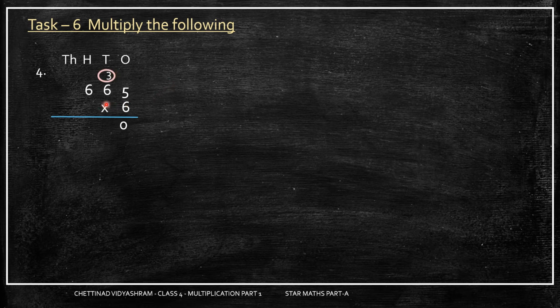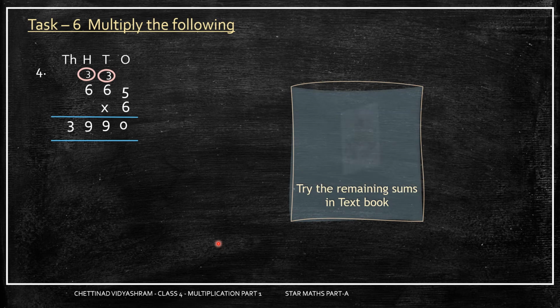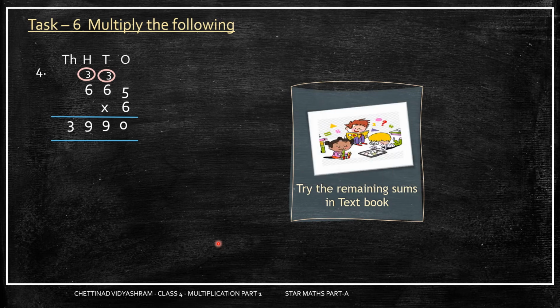Next is the number in tens place, which is 6. 6 6s are 36 plus 3, 39. So 9 will be written here and 3 will be carried over. 6 6s are 36 plus 3, 39. So the answer is 3990. Clear, children? Try the remaining sums in the textbook.